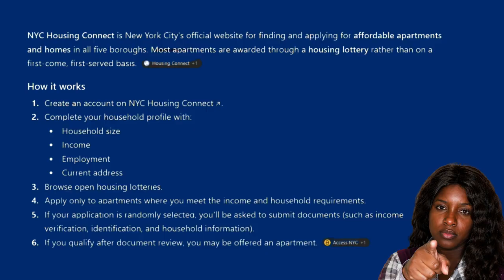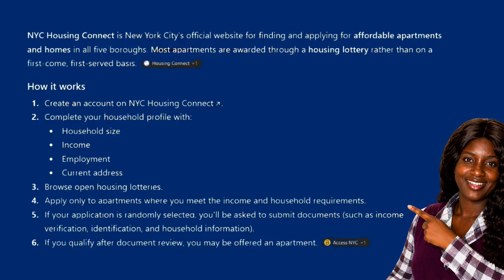So make sure you apply to units that fit your household requirements. Don't try to apply for something that's $50,000 and between the 3 of you guys you only have $32,000, okay? Because automatically they're going to deny you, okay? So don't do that.